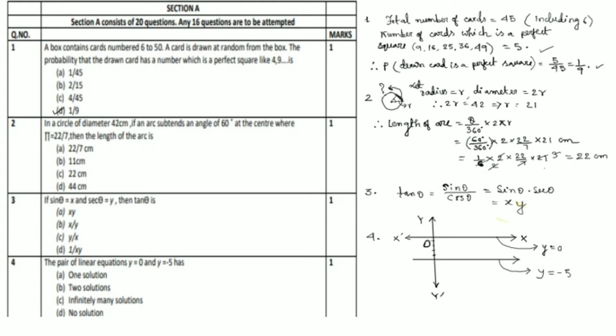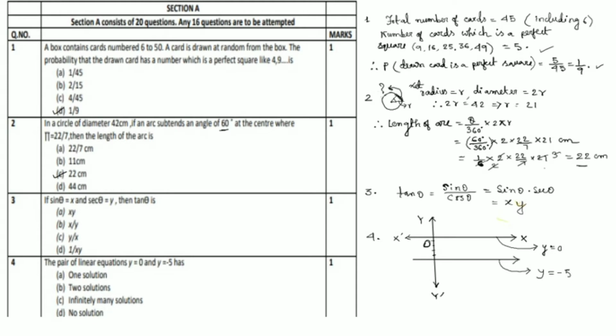Okay, we know that the length of arc is equal to, what is the formula? Theta divided by 360 degrees into 2 pi r. Here theta is equal to 60 degrees. Here the arc subtends the angle 60 degrees. So here the length is 60 degrees upon 360 degrees into 2 into the value of pi, which is 22 by 7, into 21. And after that we get 22 centimeters. Okay, so here the answer will be C.